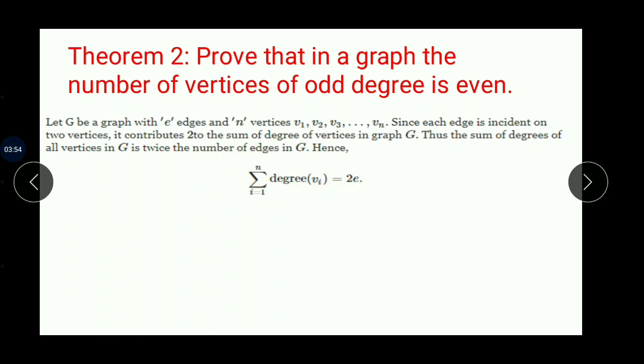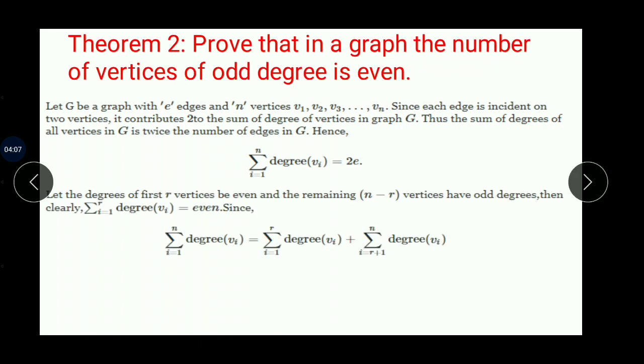Now I am going to divide my vertices into 2 sets, one which has odd degree and one which has even degree. Let the degree of the first r vertices be even and the degree of the remaining n minus r vertices be odd. Then clearly, because each degree of Vi is even, the summation will also be even, because the sum of even numbers is always even.